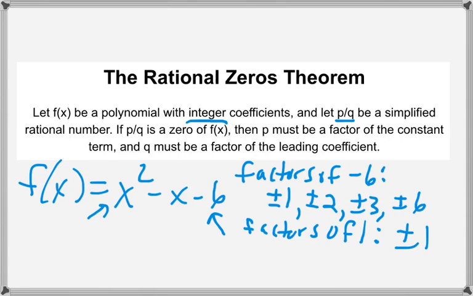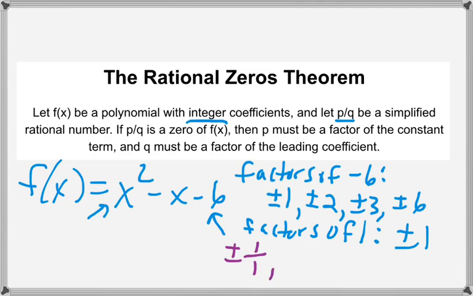So what this Rational Zeros Theorem says is if a rational number is a zero of f, then the numerator has to be a factor of -6, and the denominator has to be a factor of 1. So you have numbers like 1 over 1, and that could be positive or negative. If we use the positive 1 from both lists, it would be positive 1, or if we use a -1 from one list and a positive 1 from the other list, then it would be -1.